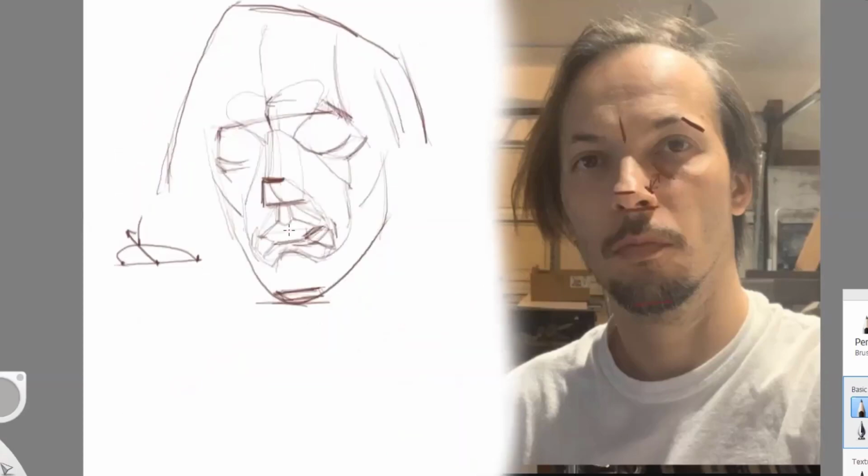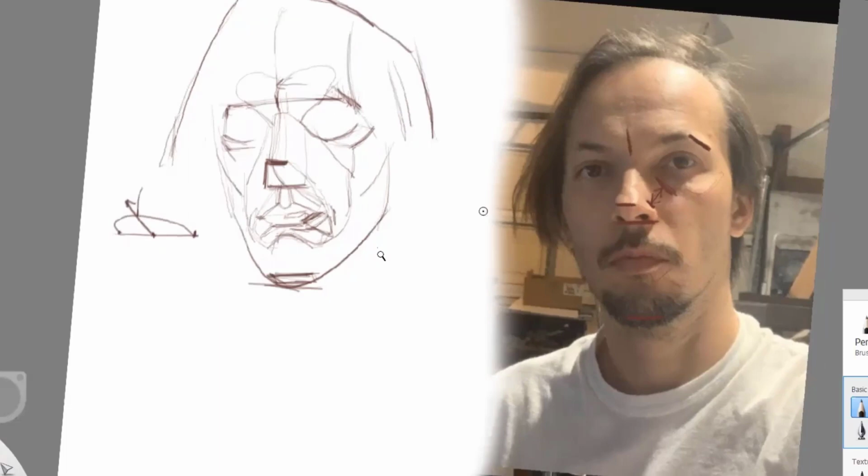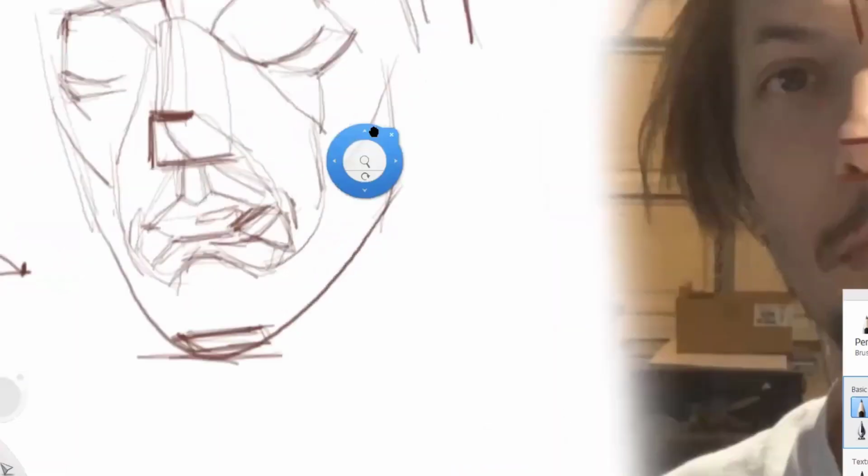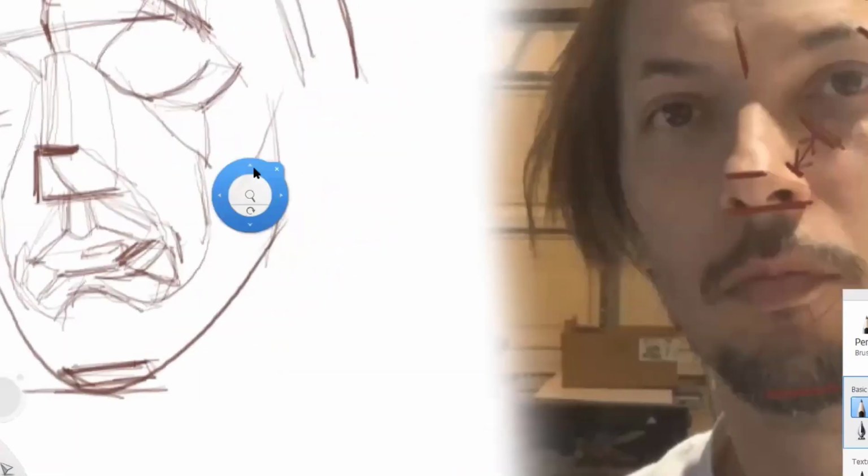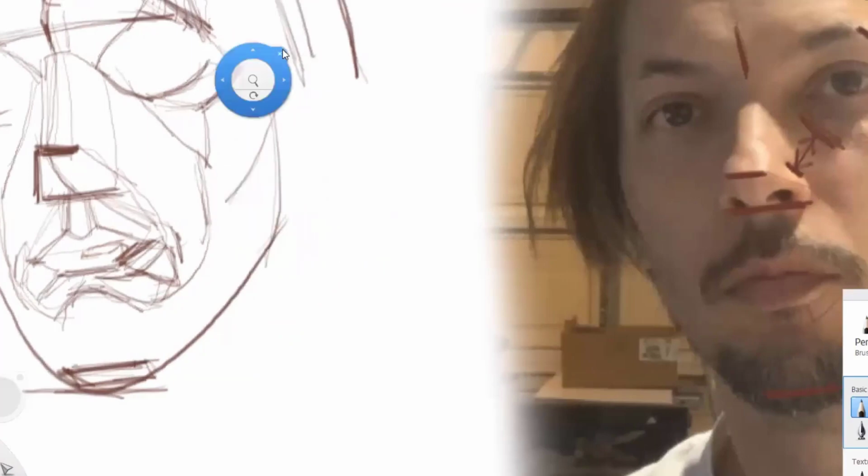So we can start looking at the lips as a mass of these fatty pads for the lip here. So in here we have a top plane for the lip.